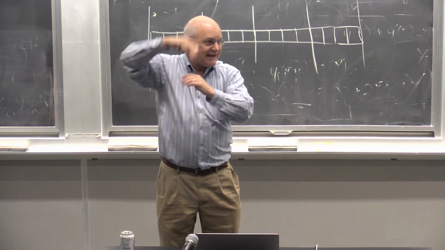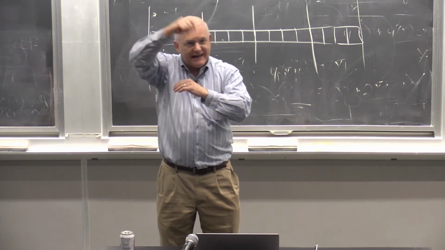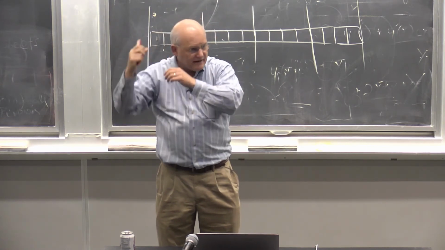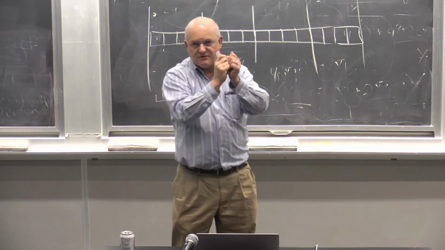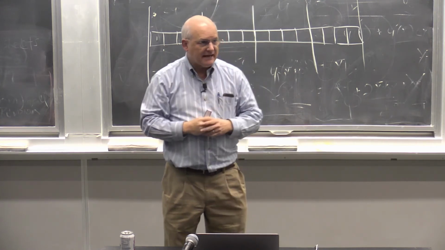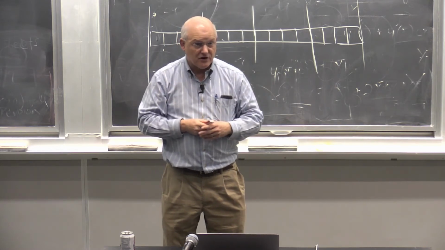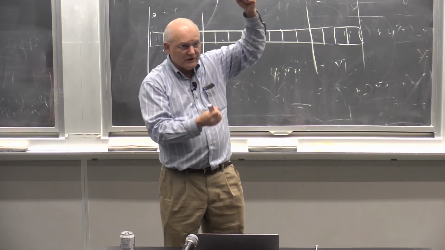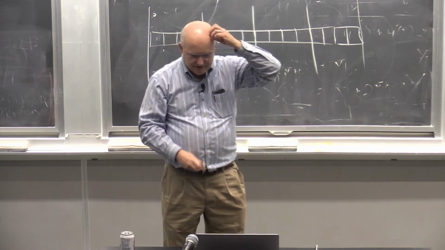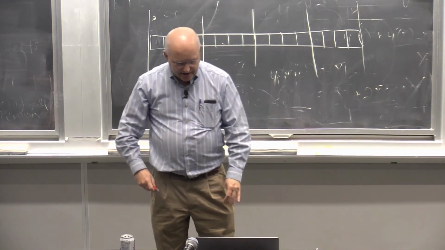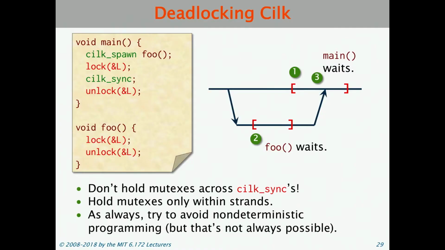Move the calculation outside, do the calculation you need to do, and then acquire the lock just to set a value. Then you'll have much faster code, because you're not holding up other threads for a long time. And always try to avoid non-deterministic programming, but that's not always possible.